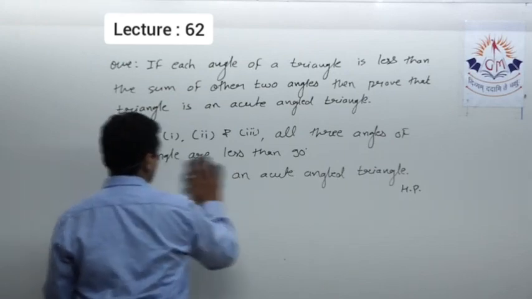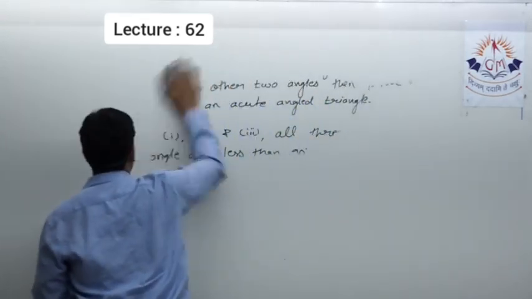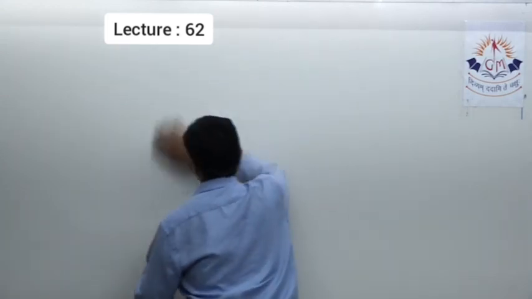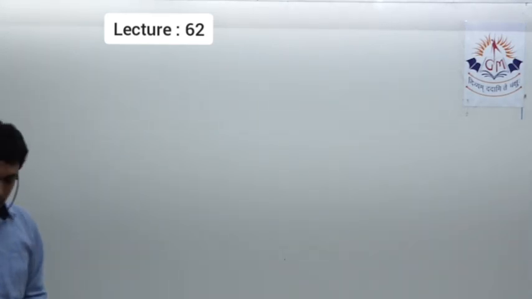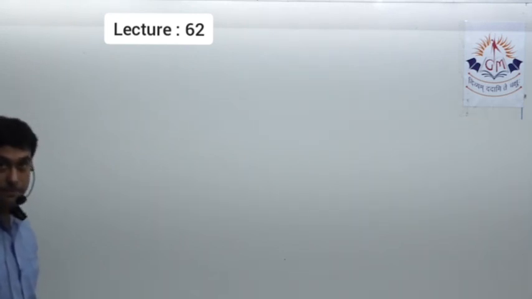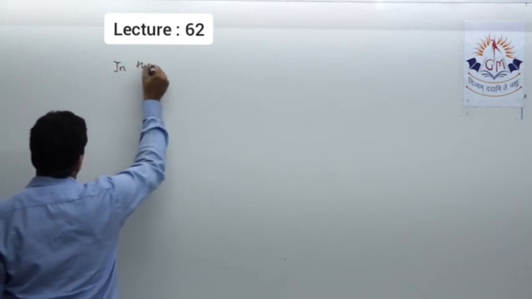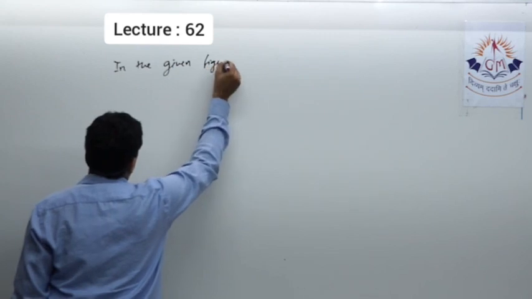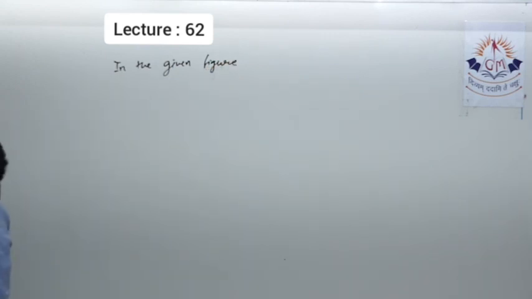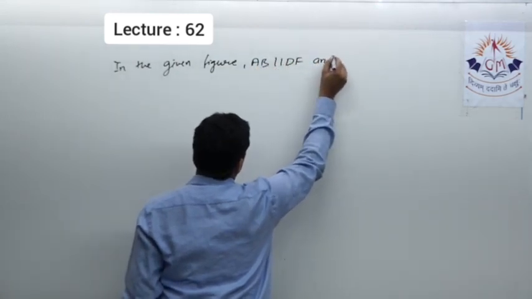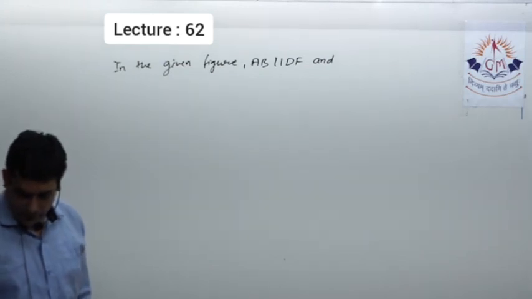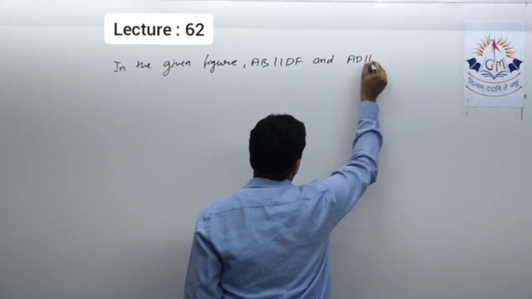Okay, now let us see the next question. Okay, next question is, in the given figure, AB parallel DF and AD parallel FG.